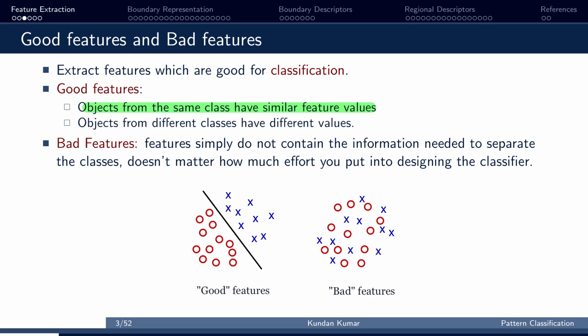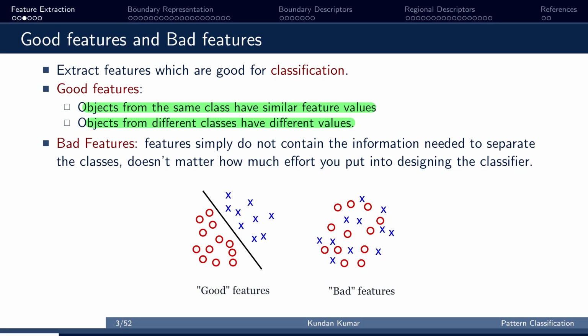That means whatever features we extract from objects of similar type, the feature values should be very close to each other, and objects from different classes have different feature values. So that is the characteristic of good features.